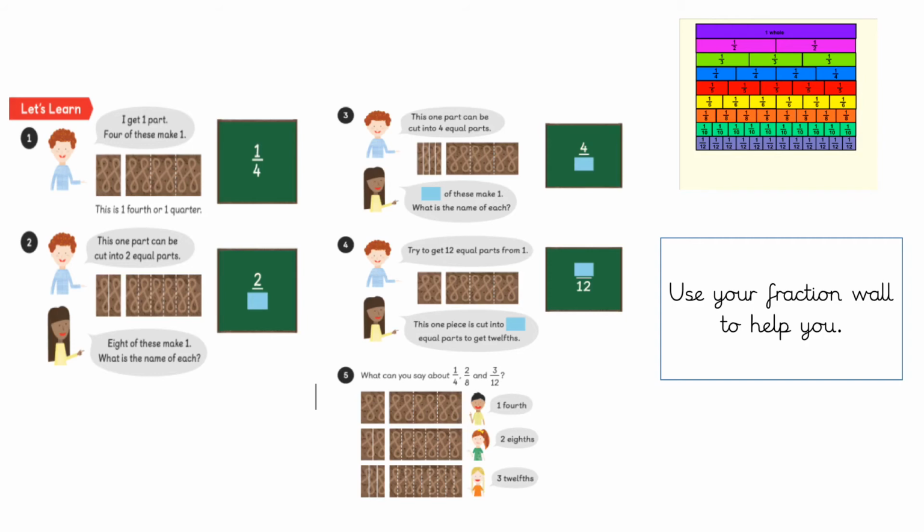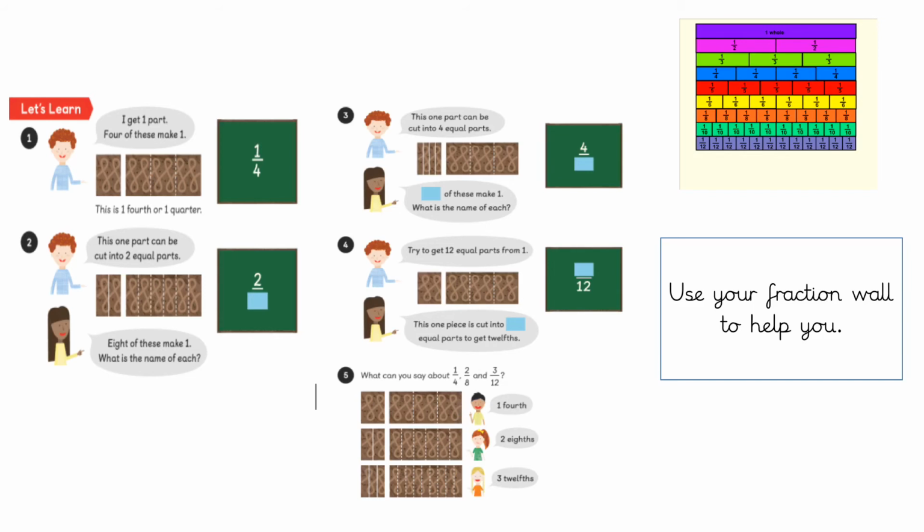If each quarter is then split into 4 equal parts, what must the denominator be? 1, 2, 3, 4, 5, 6, 7, 8, 9, 10, 11, 12, 13, 14, 15, 16. So the denominator for number 3 must be 16. I have 4/16, which is exactly the same as 1/4.